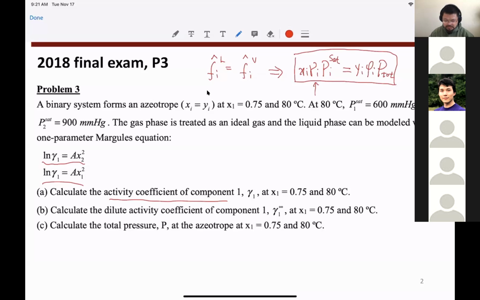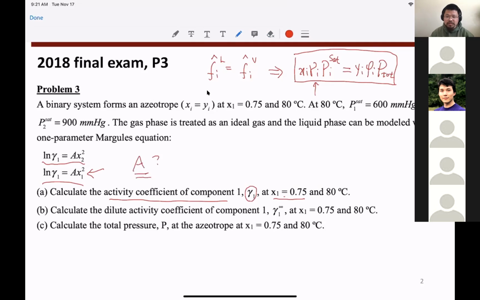For the specific question here, if we need to calculate the activity coefficient value for component 1, then we need to know x1, which is good. We are provided with the x1 value. If we plug into one of the Margules equations, we are able to calculate, but we need to figure out the A value.